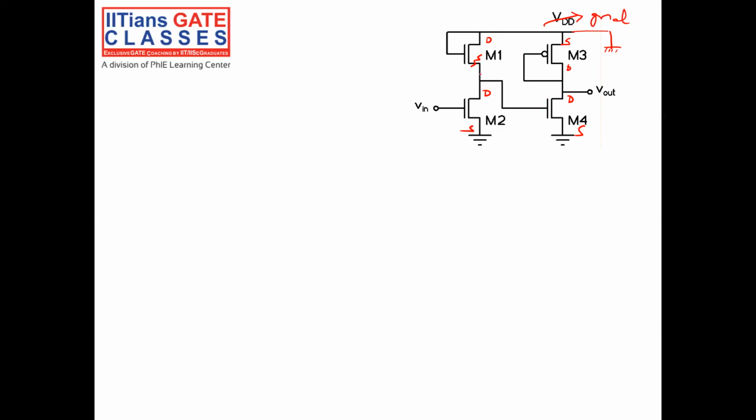for this M1, the gate and drain are connected, and both are connected to ground. So what I want to know is the resistance looking from the source of M1. If I know the resistance looking from the source of M1, I can replace it with the equivalent resistance.